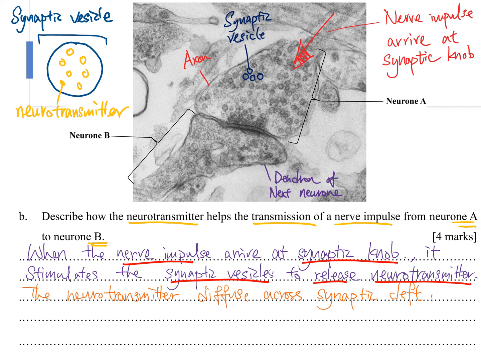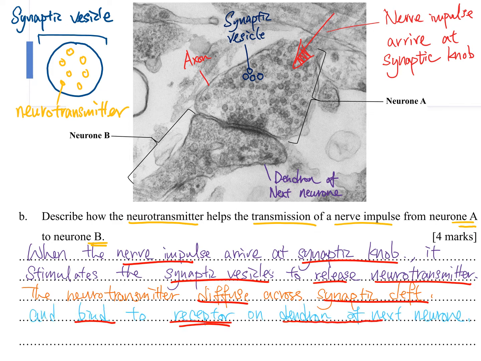After that, these neurotransmitters will diffuse across the gap, the synaptic cleft, and bind to the receptor on the dendron of the next neuron. So you can actually find a lot of receptors on the dendron of the next neuron.